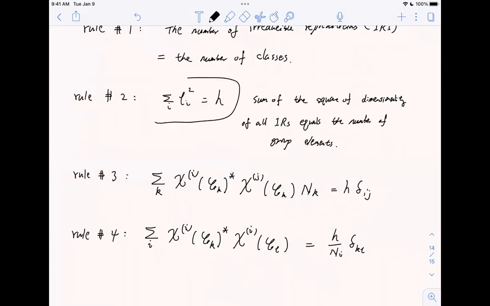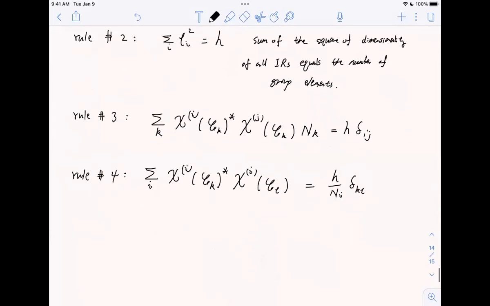The second one is, if you have the dimensionality, you sum over them, then it will be the h. Then you have the two sets of orthogonality relationships. So by just using these 4, you can already deduce the characters of a lot of groups.